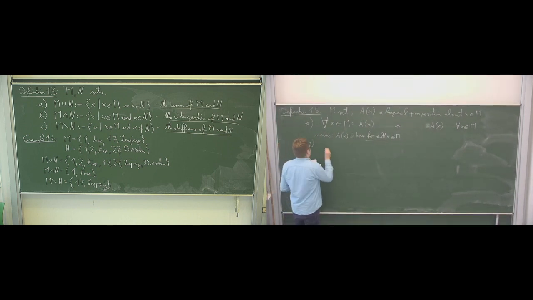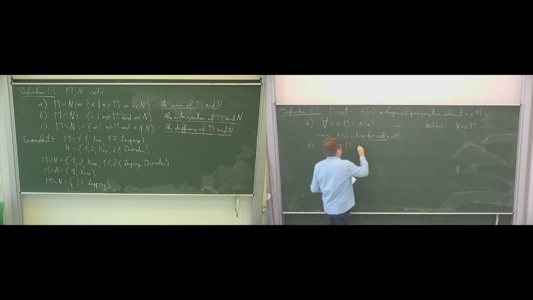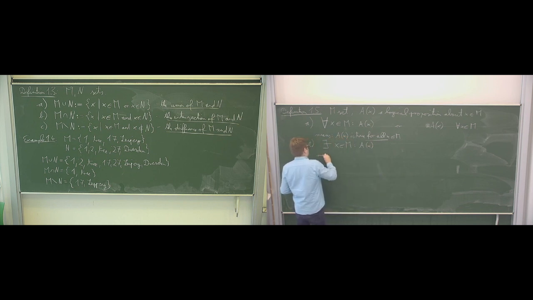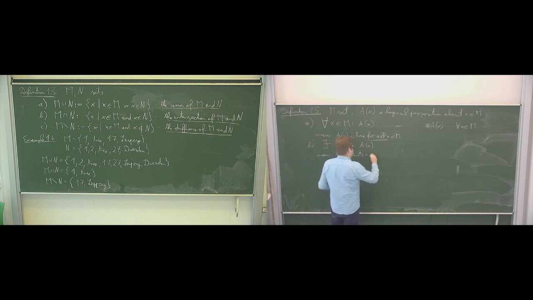Then we have one counterpart, this symbol here. It's almost like an E backwards, but with this middle dash extending a bit further. This means there exists an X in M such that A of X. So this means there exists X in M for which this proposition is true.